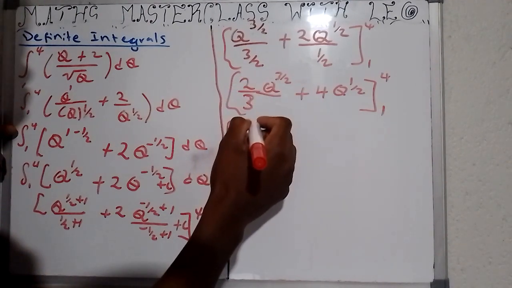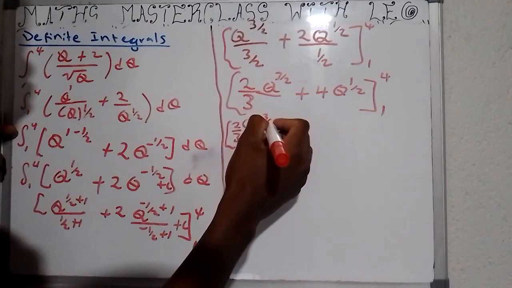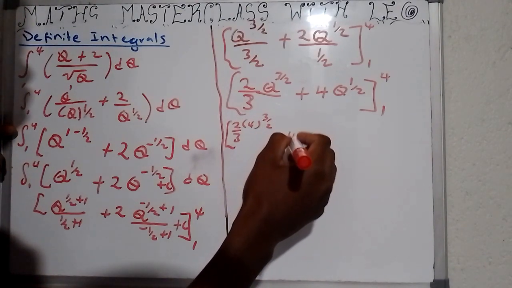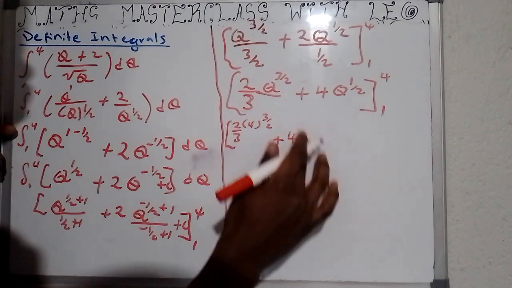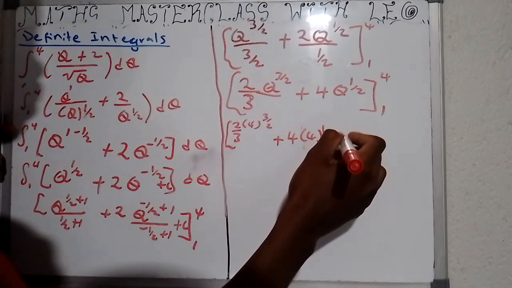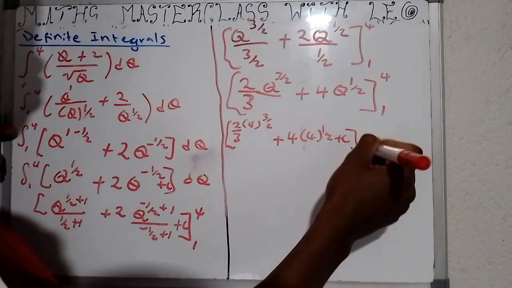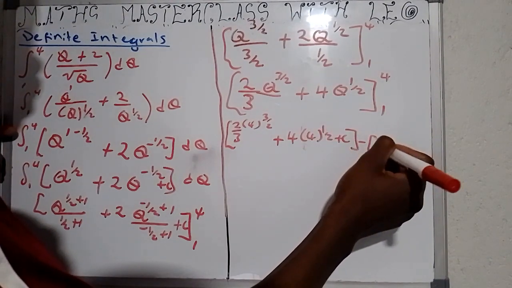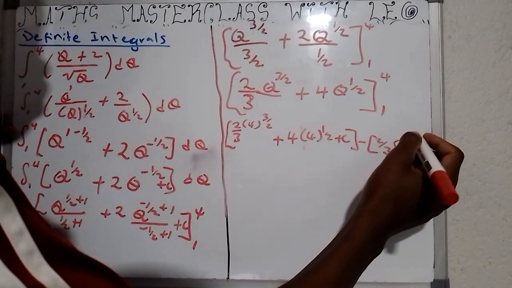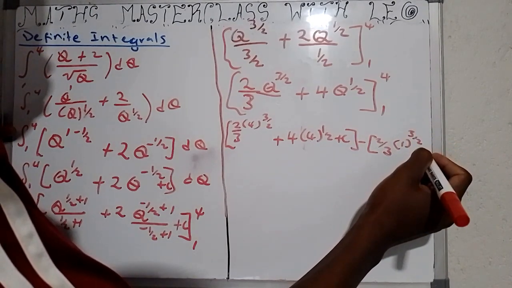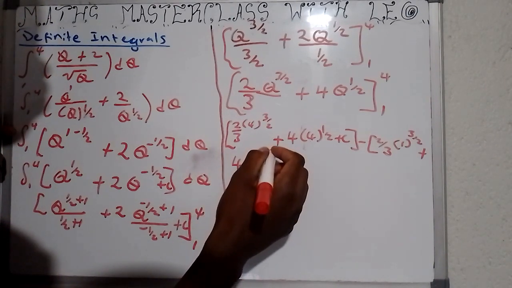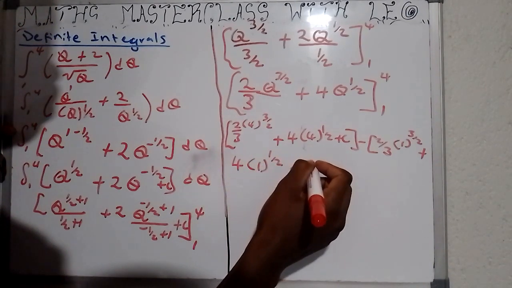I have 4 to the power 3 over 2, and then plus 4 into 4 to the 1 over 2 plus C, minus 2 over 3 into 1, plus 4 into 1 to the 1 over 2 plus C.